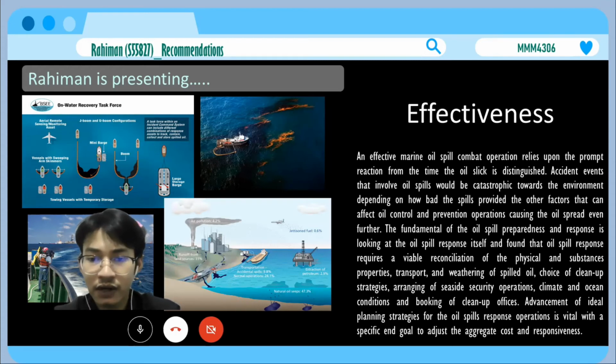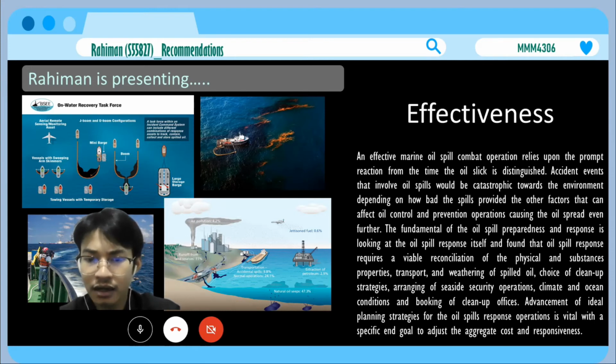The fundamental of oil spill preparedness and response is looking at the oil spill response itself, and it was found that oil spill response requires a valuable reconciliation of the physical and chemical properties, transport and weathering of spilled oil, choice of clean up strategies, arranging a seaside security operation, climate and ocean conditions, and booking of the clean up facility.